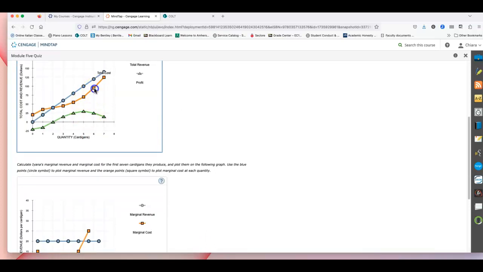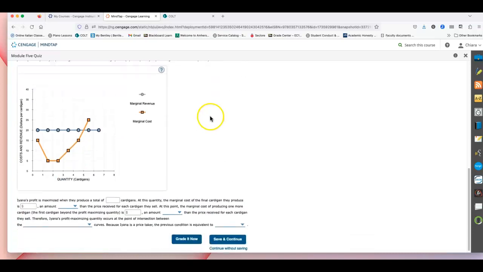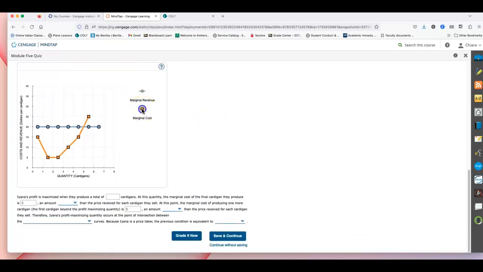And then from 6 to 7, it's 95 to 125. So 125 minus 95 is 30. So we're going to go down here. We're going to do 6.5 and 30. Now I can already see here where marginal cost intersects marginal revenue. And for me, it's right on the line here where 5 is.